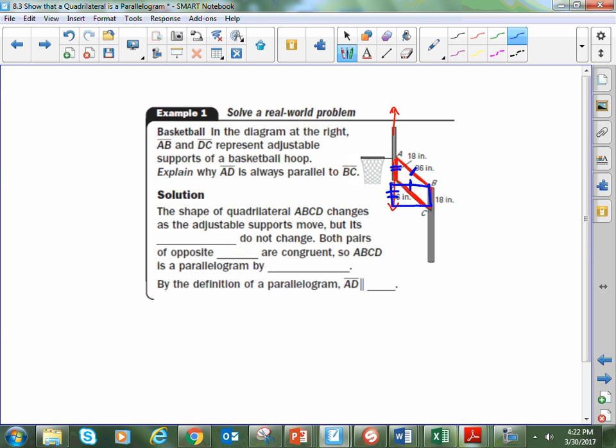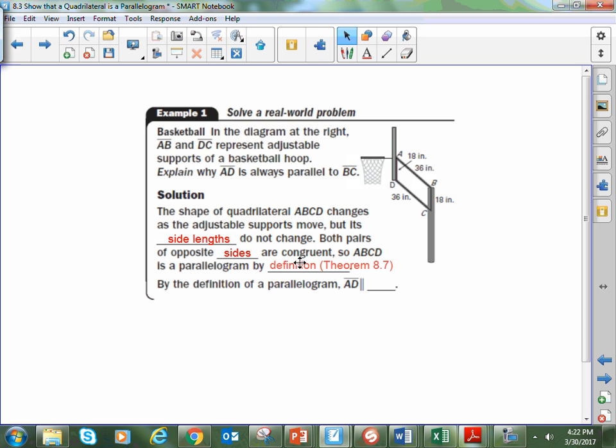Now the angles across from each other, because it's still a parallelogram, will still be congruent to each other, but that's what we're looking at here. So the side lengths themselves will be the same, and because of that, I can conclude that this is going to be a parallelogram regardless of how I adjust the backboard to its height.